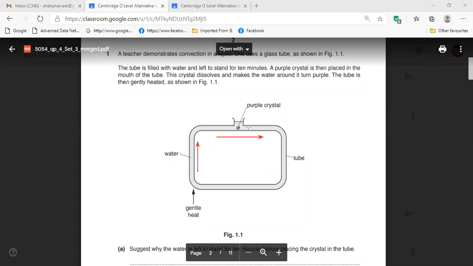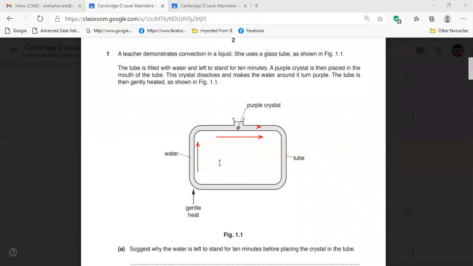Anywhere in the diagram you are showing, but the arrow direction should be correct. Is it clear? Yes, sir. You can give it here also, this way.